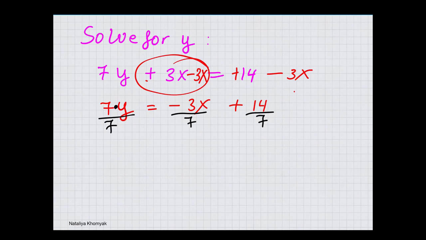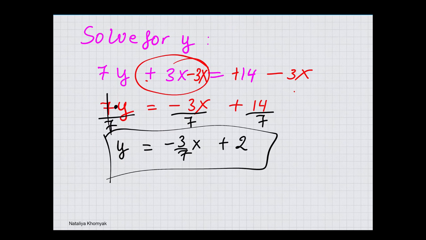The only difference this makes is for graphing, so that you will have slope and intercept separately, not in one fraction. So we have 7 divided by 7, we have 1. y equals negative 3 out of 7 x plus 7 goes into 14 2 times. And this is our solution.